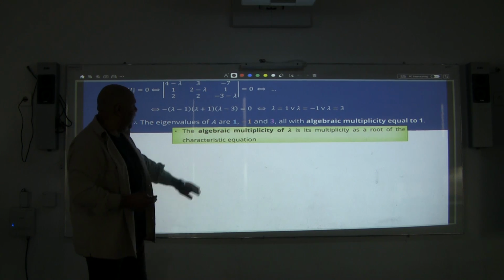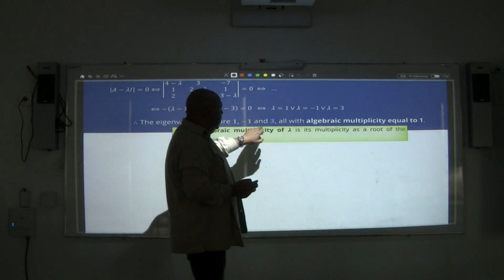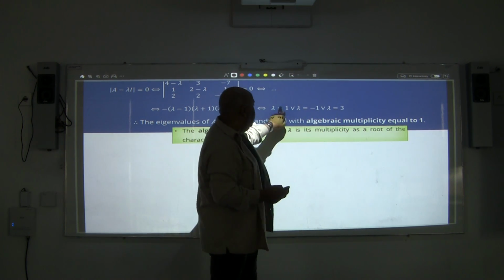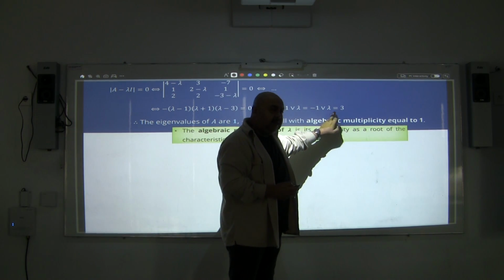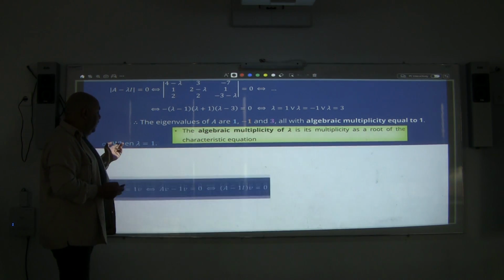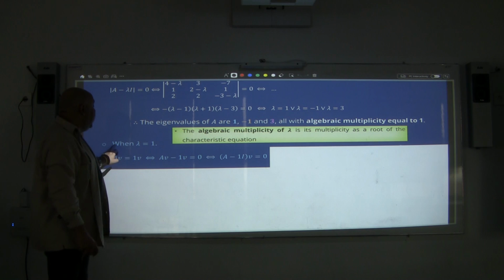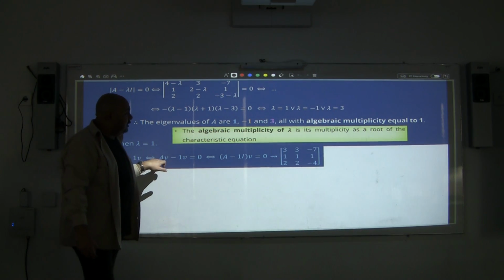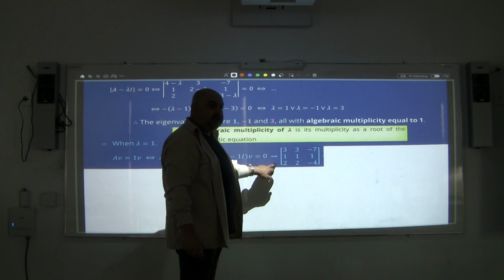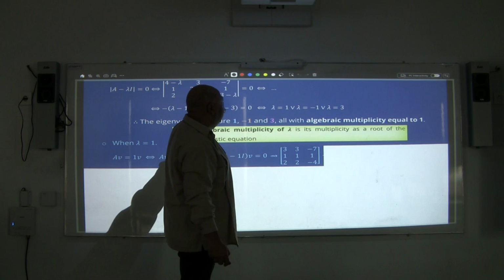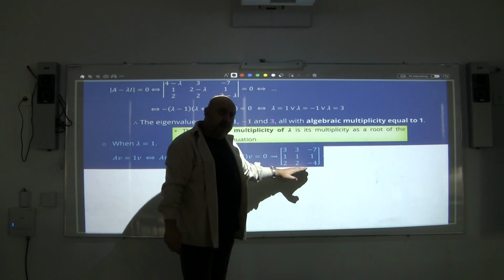Once more, the algebraic multiplicity of lambda is its multiplicity as a root of the characteristic equation. As you can see, none of them is repeated, so the algebraic multiplicity is equal to 1. When lambda is equal to 1, I go for the homogeneous system of equations, and I can form this equation quickly. From it comes 4 minus 1, 2 minus 1, -3 minus 1, which gives this matrix.